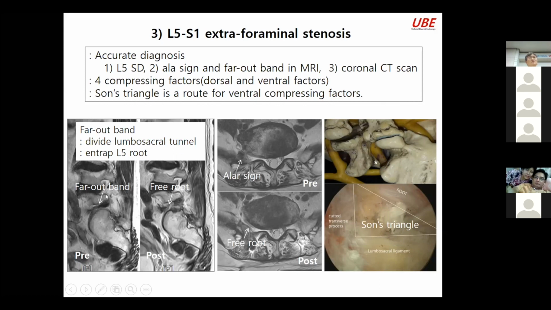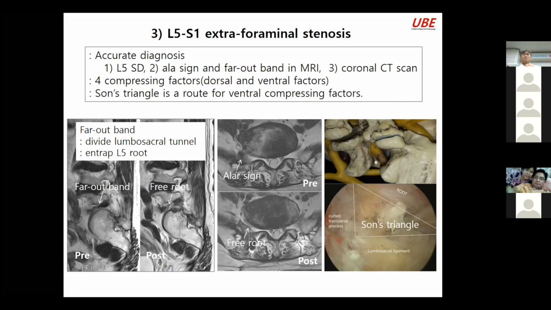This is a sagittal view of MRI. Here, this is the L5S1 foramen and extraforamen area, but the traversing root has this type of dark signal. This one is in contact with the upper border of the dura, and here the joint. The L5 root runs out through the lumbosacral tunnel, but this Power band divides the lumbosacral tunnel into two, an upper tunnel and a lower tunnel.